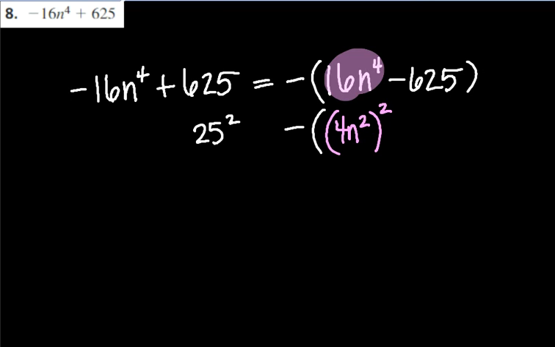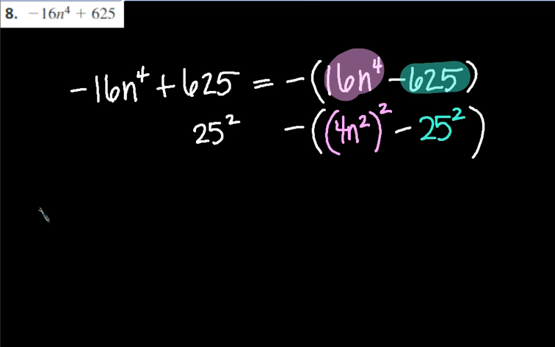And we said earlier 625 is the same as the square of 25. So we have a difference of squares. So we can factor that using the formula.